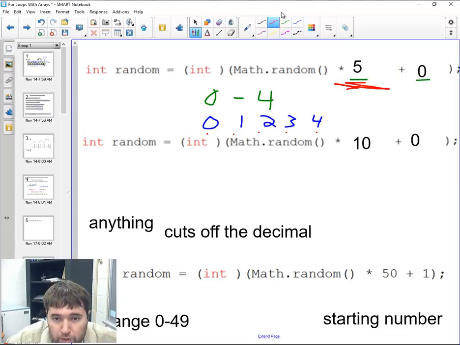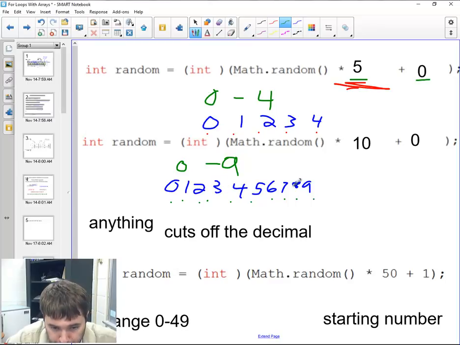So again, if we do this with 10, we're going to go 0, 10 plus 0 is 10, minus 1 is 9. And then if we count this out, we're going to have 0, 1, 2, 3, 4, 5, 6, 7, 8, 9. And that means we have 1, 2, 3, 4, 5, 6, 7, 8, 9, 10 numbers. So with those 10 numbers, we have it all set.